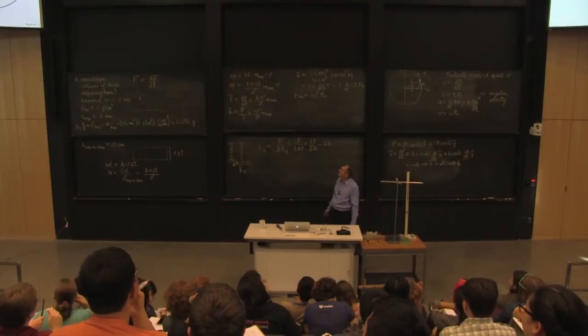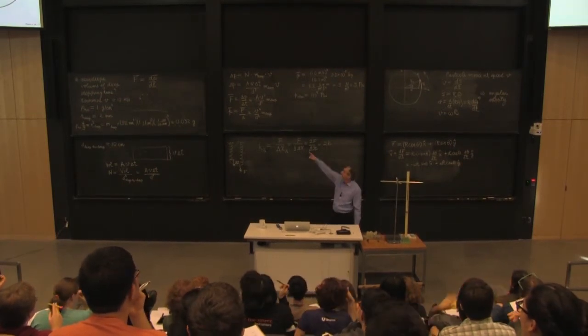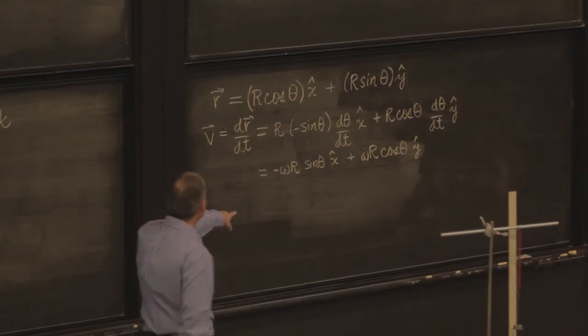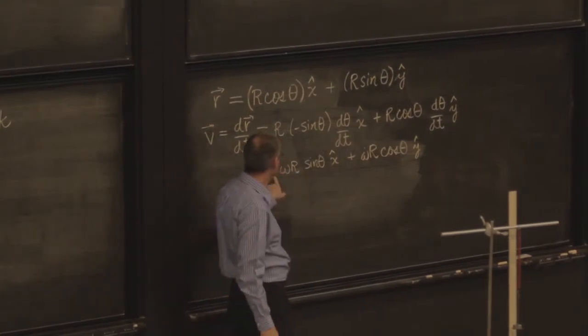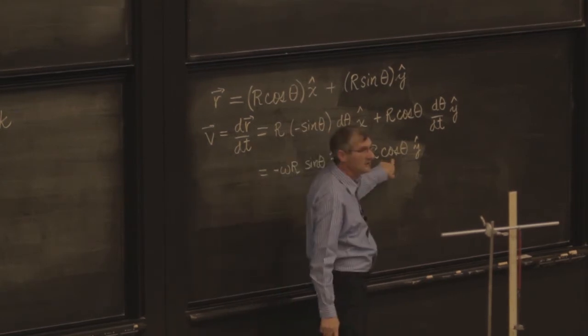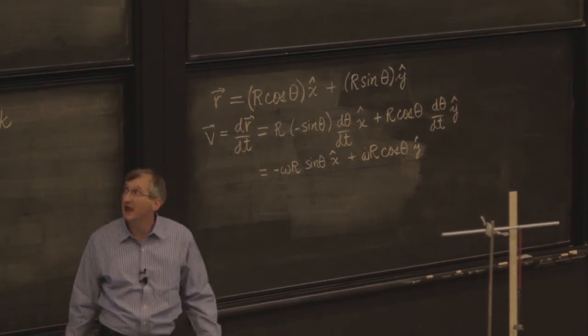What about when theta goes to pi over 2? Which way should it be pointing according to the picture? Negative x, right? It should be going backwards. And does that work at pi over 2? This one goes to 1, so it's pointing in the negative x direction, and that one goes to 0. So that's good.